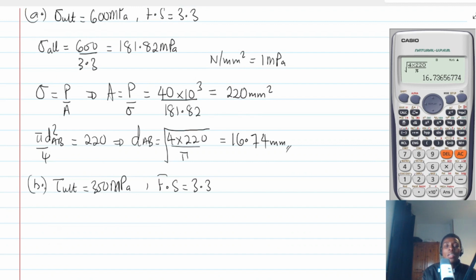So the allowable shear stress will be 350, which is our design shear stress, divided by the factor of safety. And so we have 350 on 3.3. And what is that?